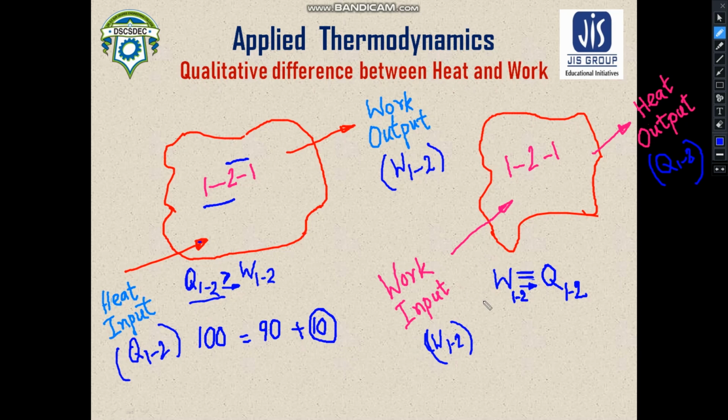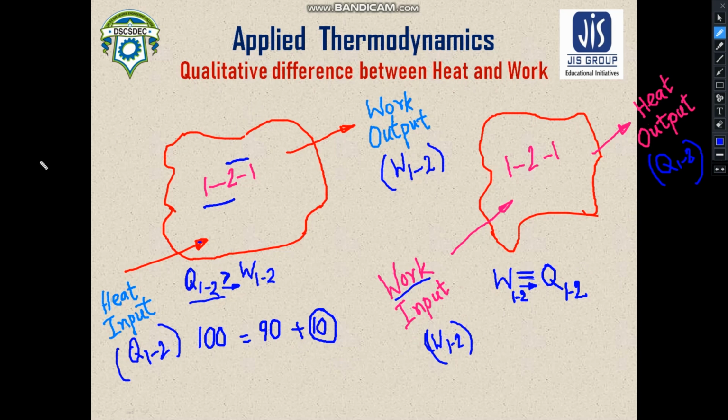Okay, but in case of work, when work is considered as the input, it is absolutely correct that the work can be completely converted into heat. So there is no prohibition regarding that. So if you provide 100 joules of work input, this 100 joules of work can be completely converted into heat. So this is the basic difference between heat and work.